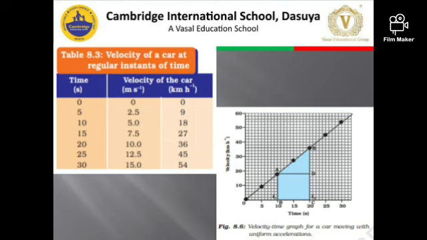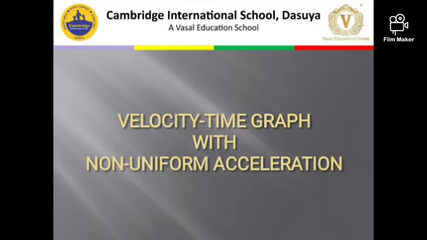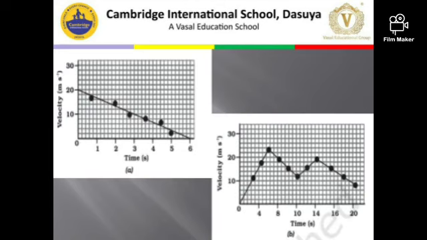After that, we did the last graph, the velocity time graph with non-uniform acceleration. Because the name says it is non-uniform acceleration, there will be a lot of variations, a lot of increase and decrease, and the points are not in a proper line. So we don't get a straight line. We get some zigzag or curved path, which shows non-uniform acceleration.